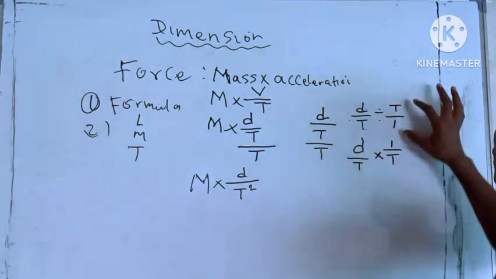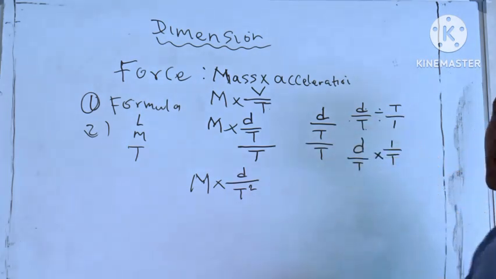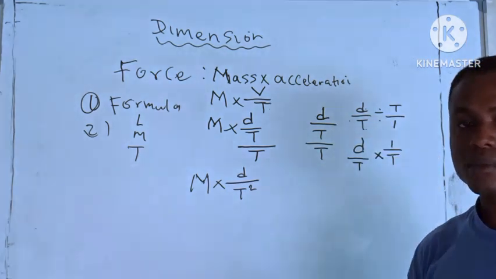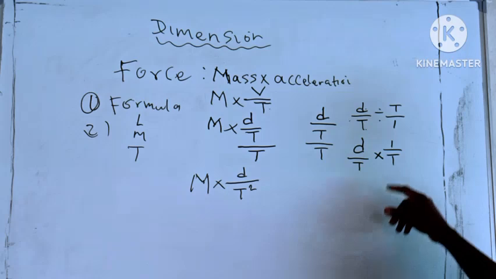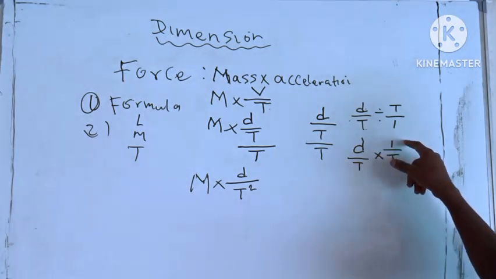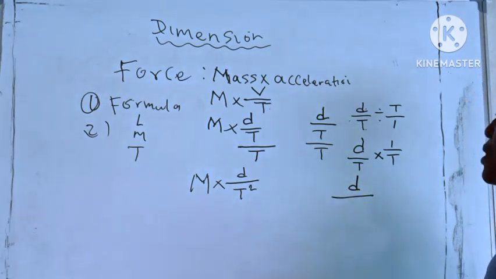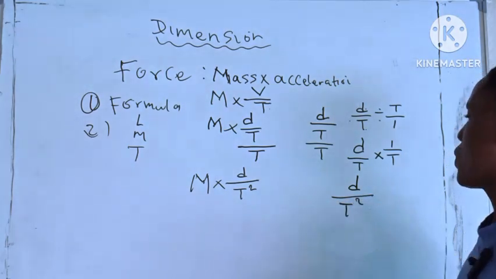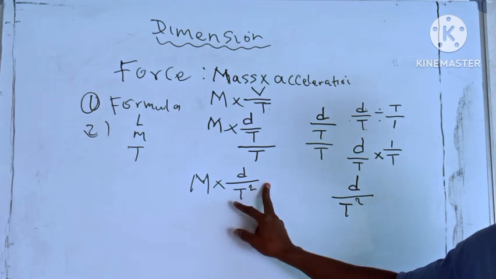Once you interchange them, this division sign will immediately change to multiplication sign. So please take note. Now let's multiply. d times 1 is what? It will give us d. Then t times t is what? Is t square. I've told you guys before, t square. So hope you've understood how we come about this d all over t square, right?